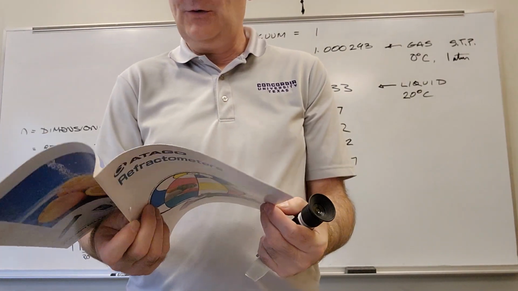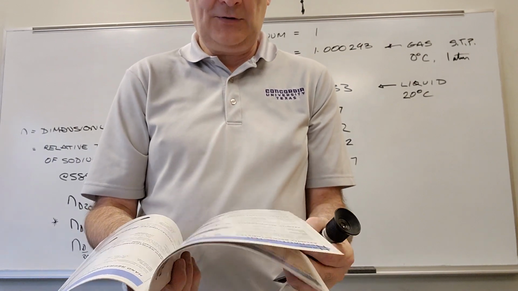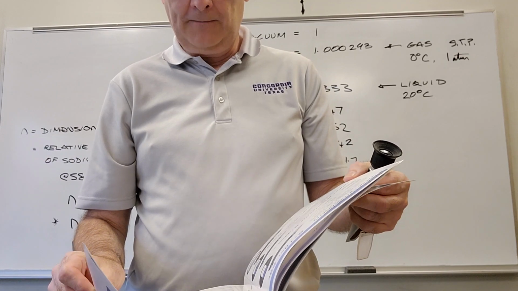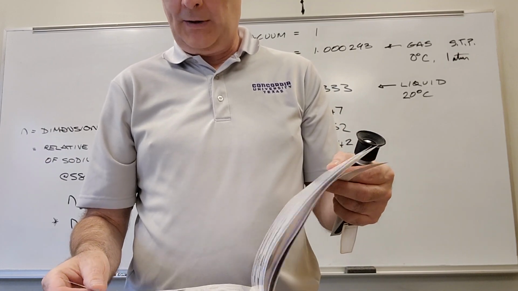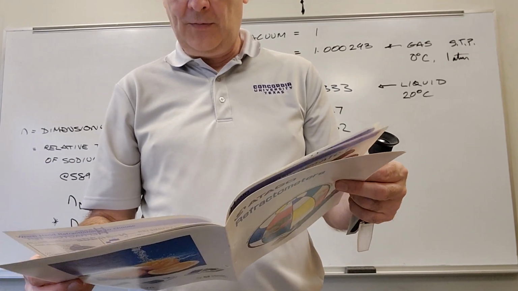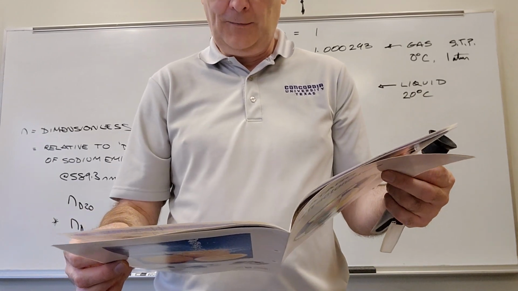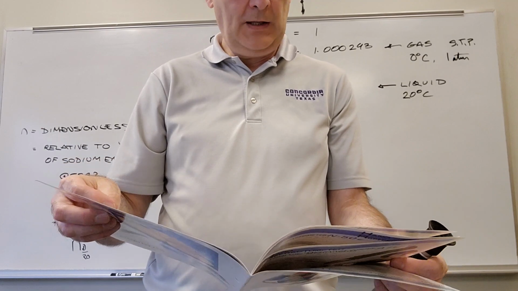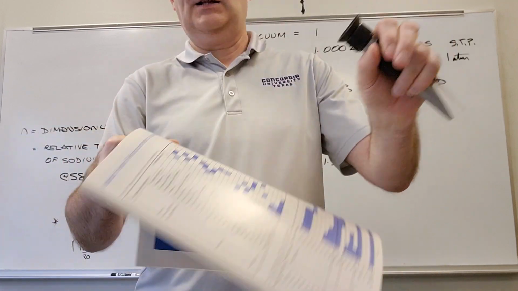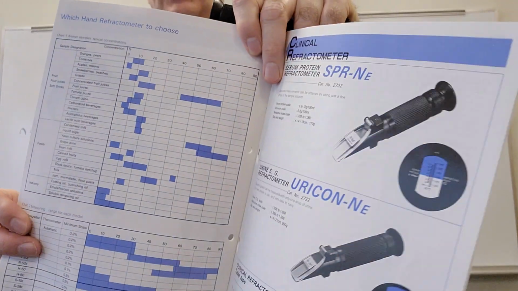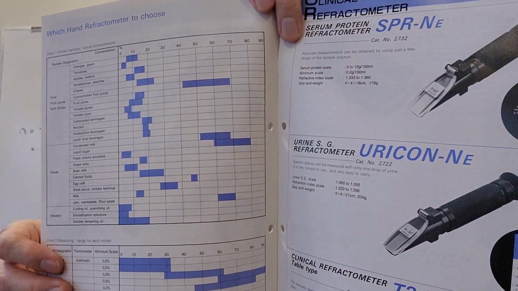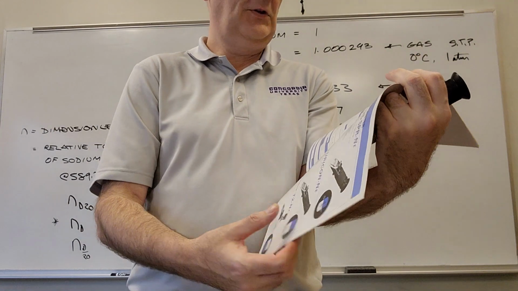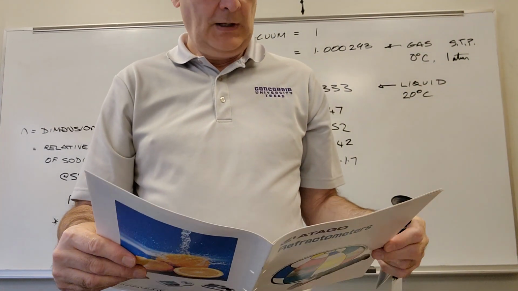And one of these hand refractometers is for honey. One of them is for like oil slicks. One of them is for vegetable oil. And one of them in the food, oh look, it tells you what the uses of each particular instrument are. You're looking at orange juice, so they're used in the food industry.